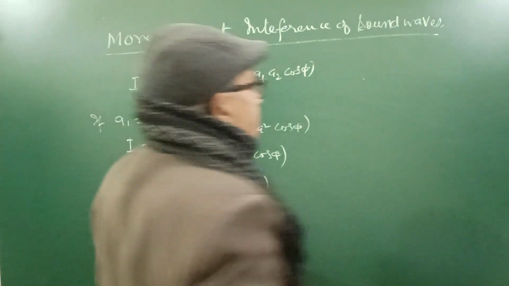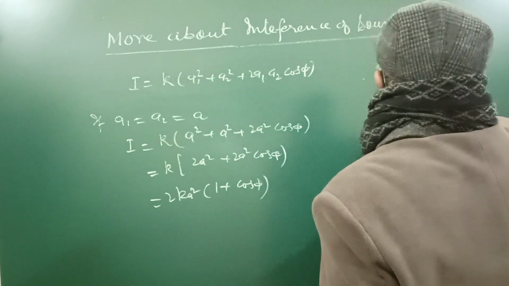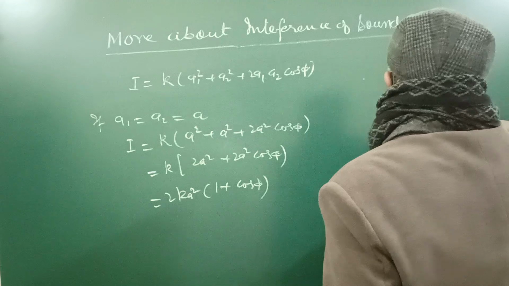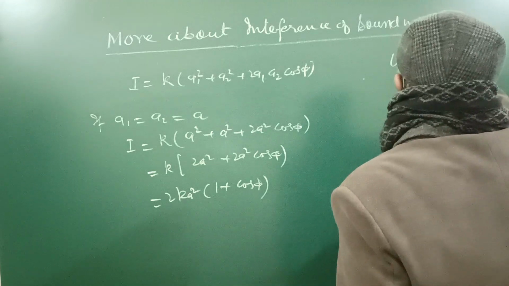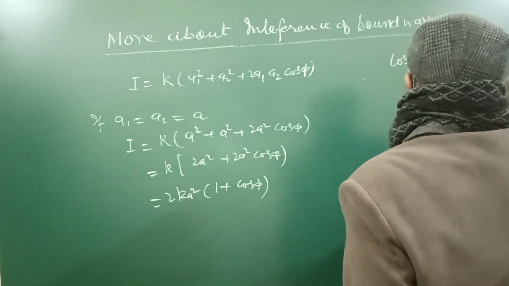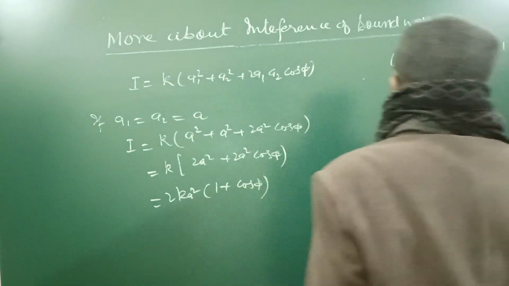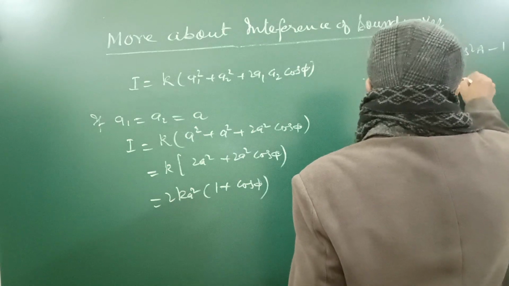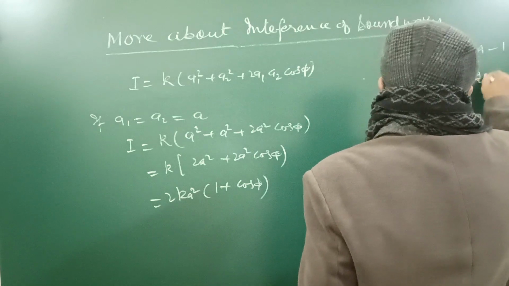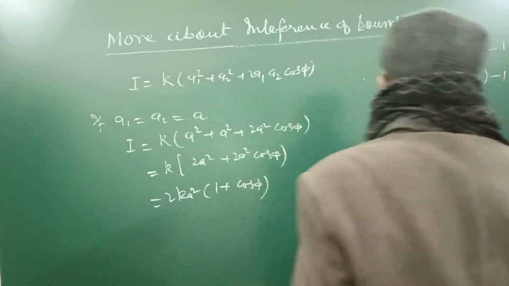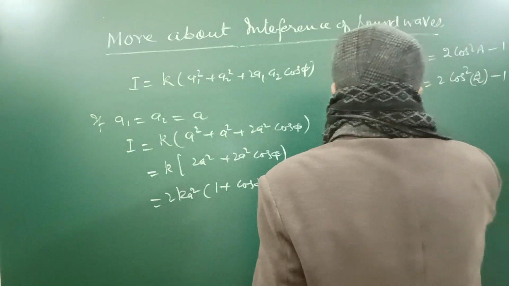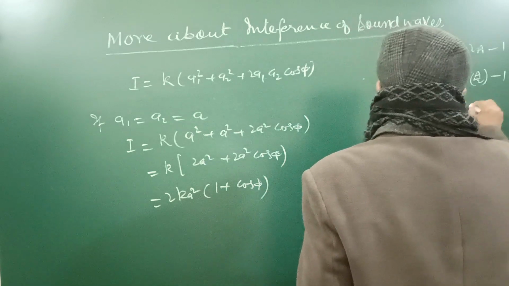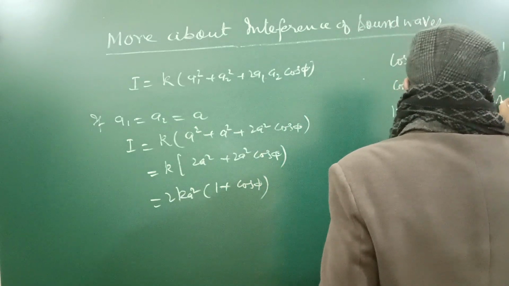There is one formula: cos 2A is equal to 2 cos square A minus 1. And hence 1 plus cos A is equal to 2 cos square A by 2.